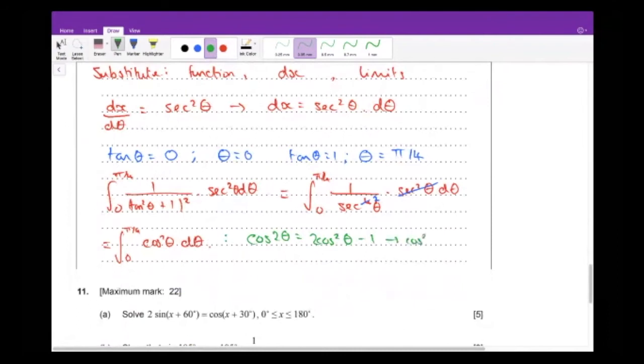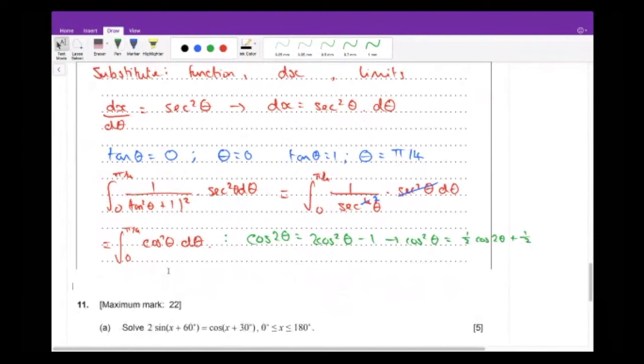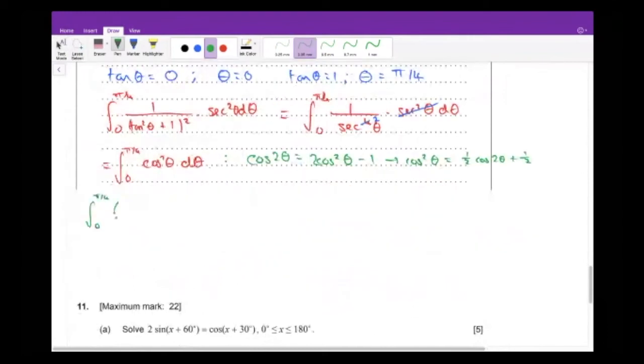So cos squared theta is equal to a half cos 2 theta plus a half. So this means that we're actually solving the integral from 0 to pi by 4 of a half cos 2 theta plus a half.